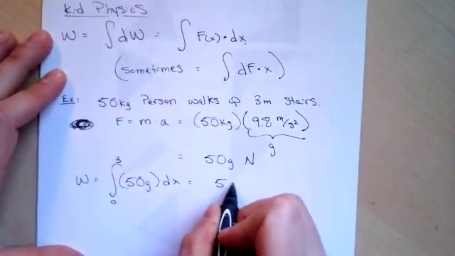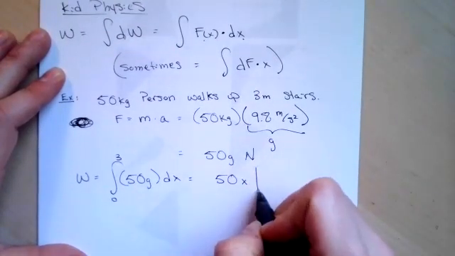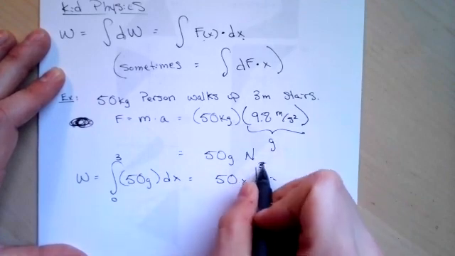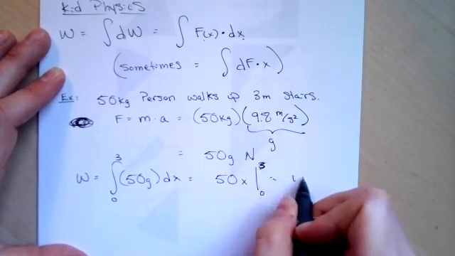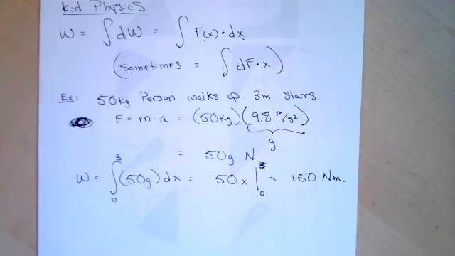And so we are just going to get 50g x, force times distance, and then we will recover the displacement there. So we will get 150g Newton meters of work. I think Newton meters is joules, yeah?